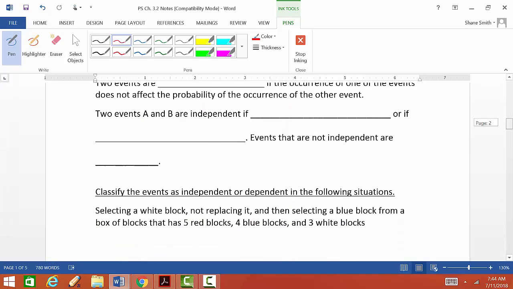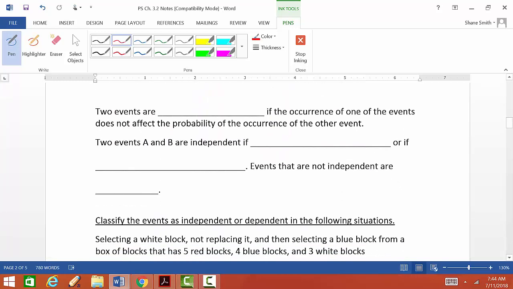Next, we're going to talk about conditional probabilities from independent events and dependent events. So basically, if events are independent, they don't affect each other. If one event occurs, it doesn't affect the probability of the next event. So for example, let's go back to our weather example.